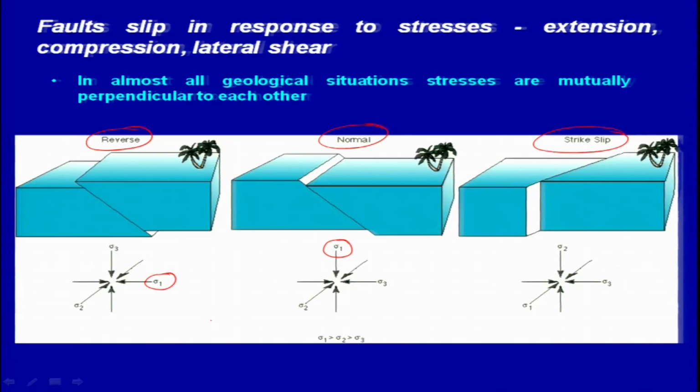So here we can say this is compression, this is extensional tectonic environment, and this is you are having the lateral shear, okay, where the movement will take place along these planes, okay. So this is the fault line here, and here we can see this one is the fault line, okay.